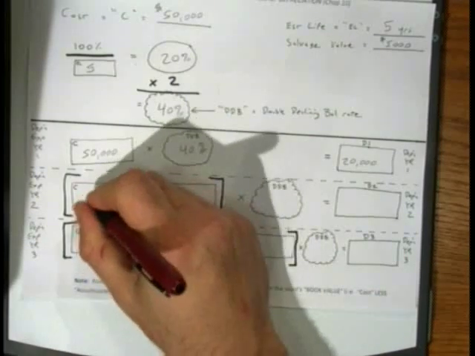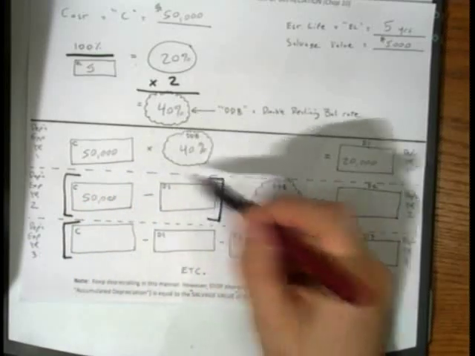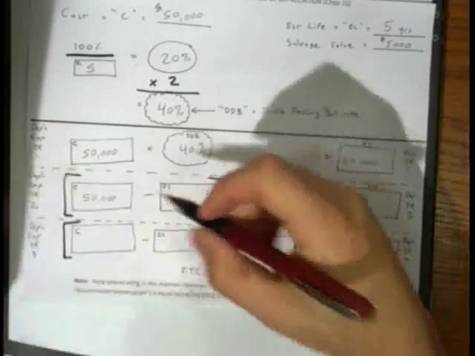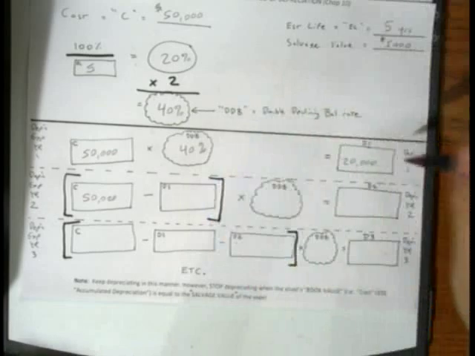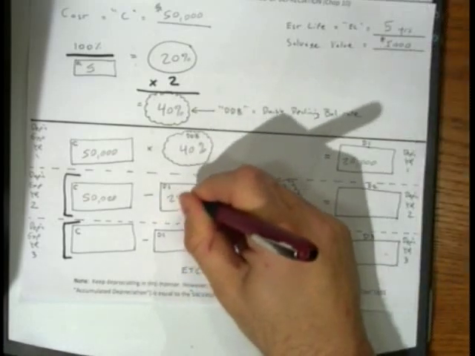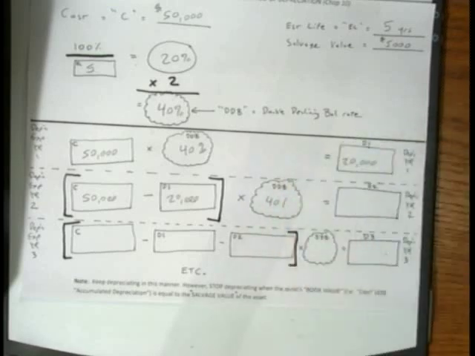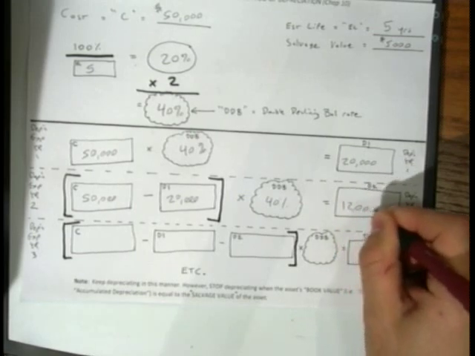Well, we take the cost of $50,000 minus, now this is the book value, this in the parentheses right here is the book value. The cost minus what have we depreciated so far? We've depreciated $20,000, and we take that times the double declining rate of 40%. And what does that equal? That equals $12,000. Okay?